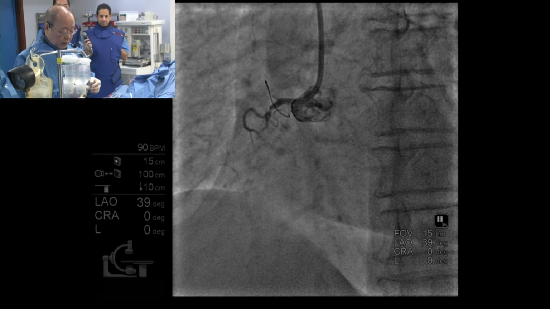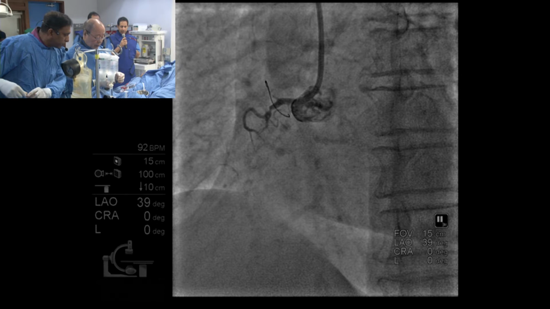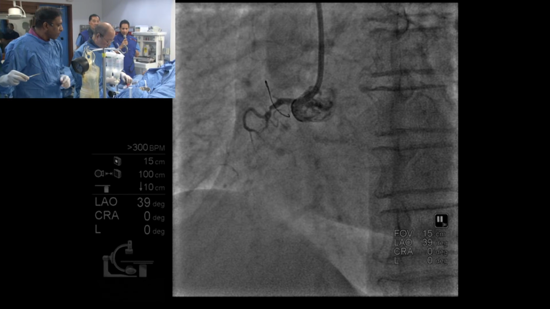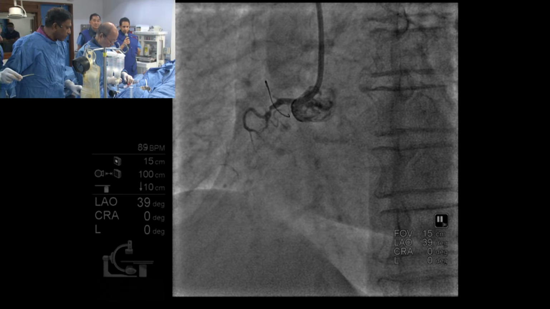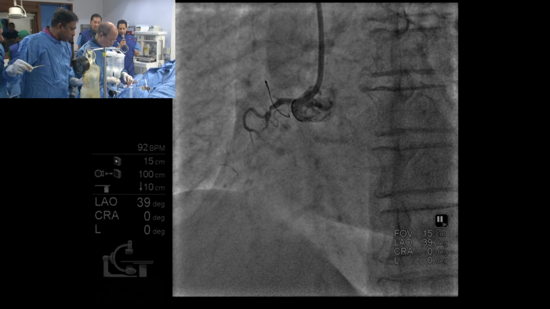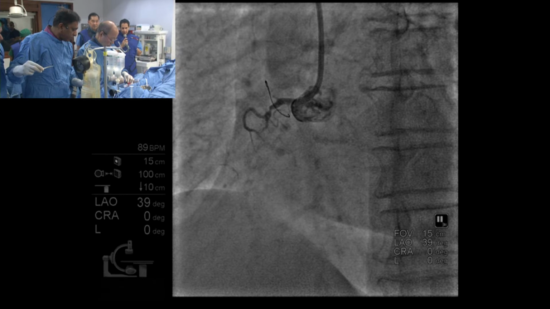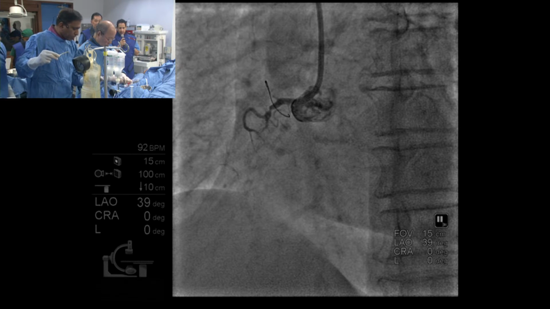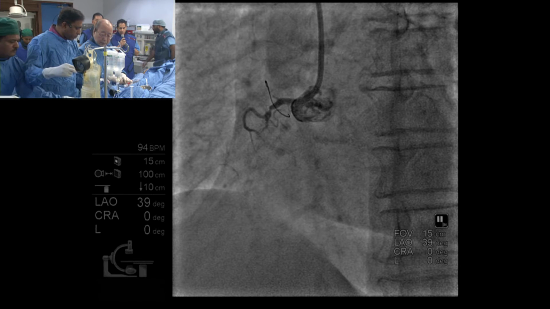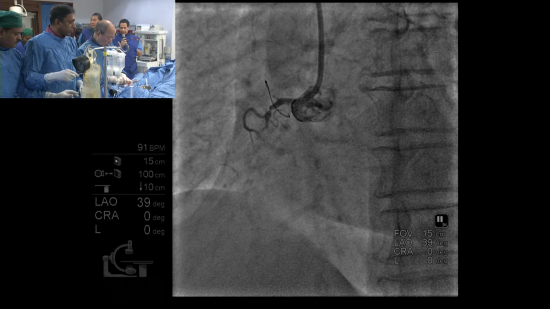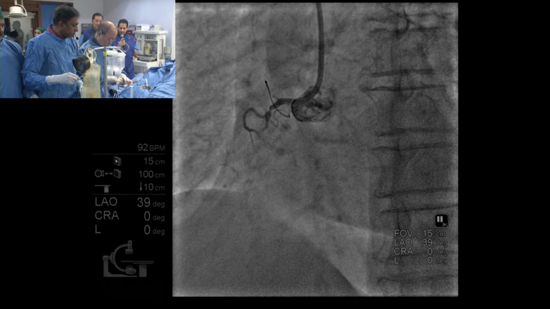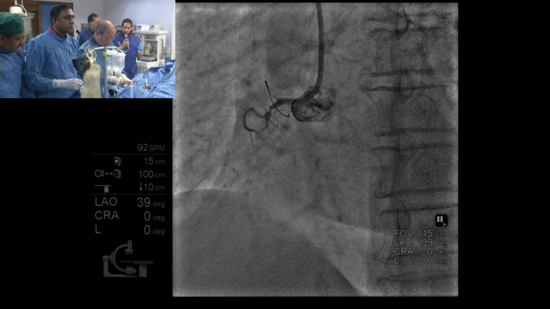Fortunately, we're lucky at this meeting to have a world-class operator, Dr. Saito, who is very well known for his CTO experience. But we also have one of the most experienced US CTO practitioners, Aaron Grantham, who will be moderating and showing cases later on. So maybe he and Dr. Saito can fight it out, ADR versus antegrade wire escalation.